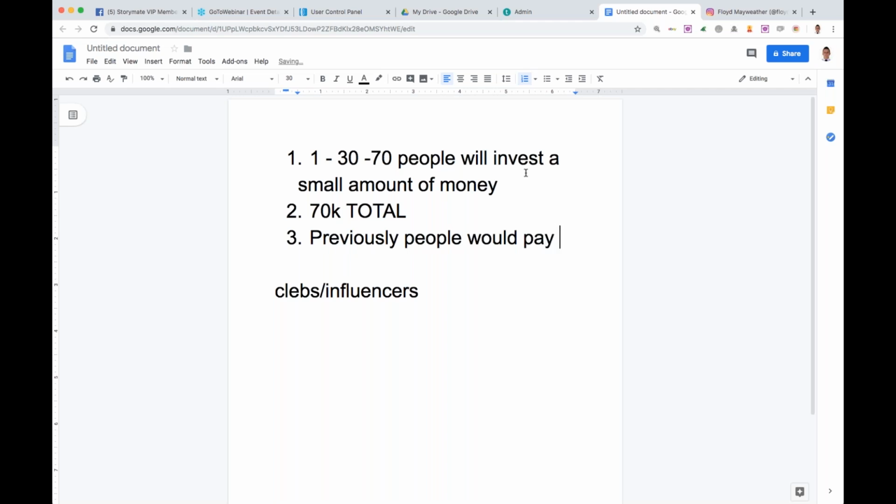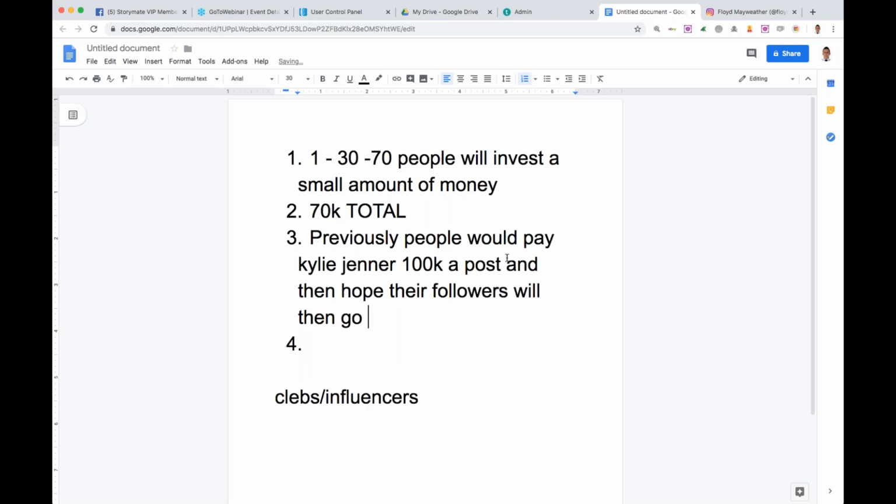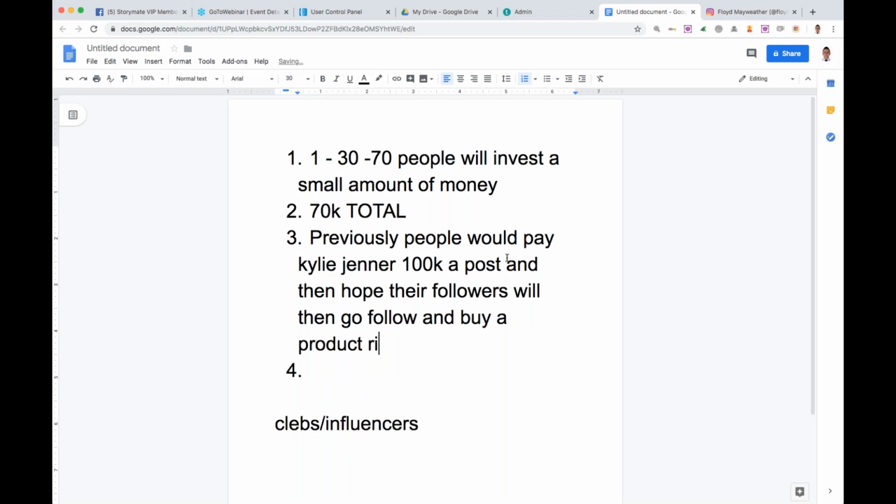So instead of what brands were previously doing with influencer marketing, people would pay, say Kylie Jenner, maybe it might be 100K a post, it could be even more than that now for her to do a post for you, right? And that's pretty unrealistic for a lot of people to be able to just put 100 grand into an influencer and then hope their followers will then go follow and even buy a product, right?